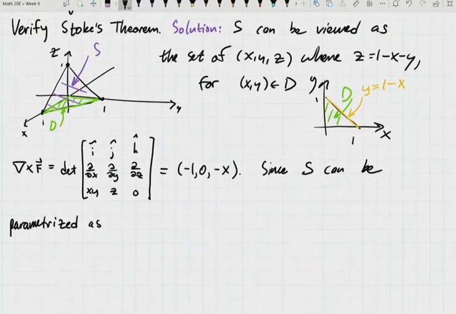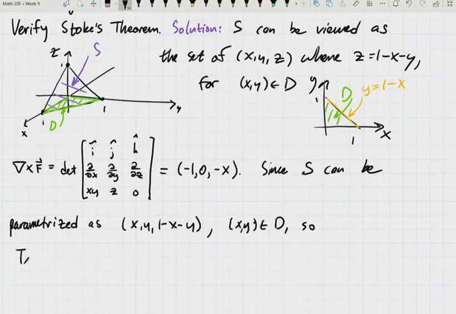S can be parametrized as the set of (x, y, 1 minus x minus y) for (x, y) in D. So I can find tangent vectors Tx as (1, 0, -1), and Ty as (0, 1, -1).